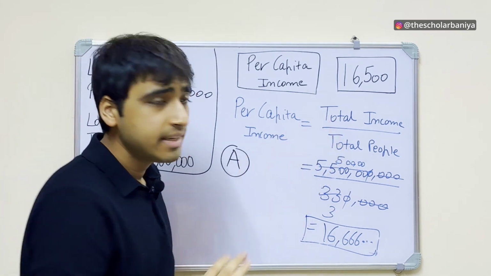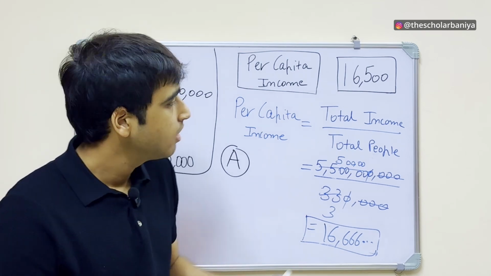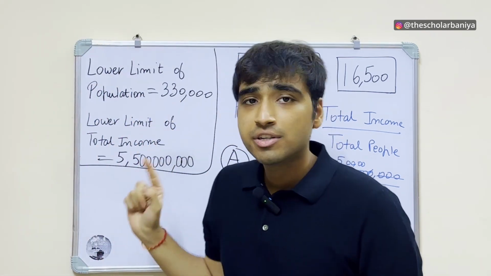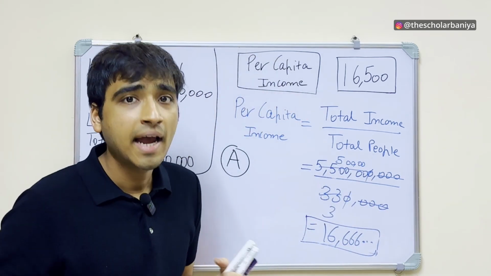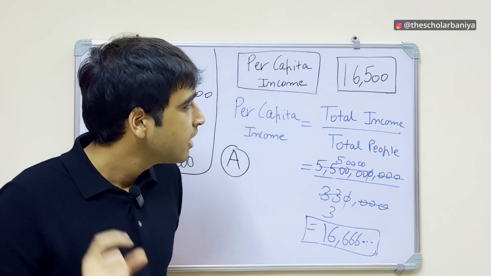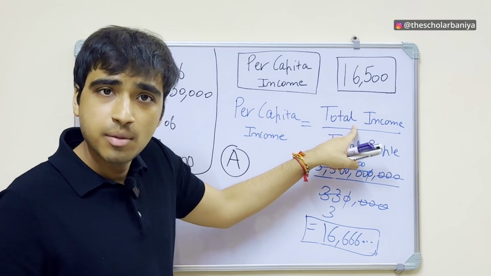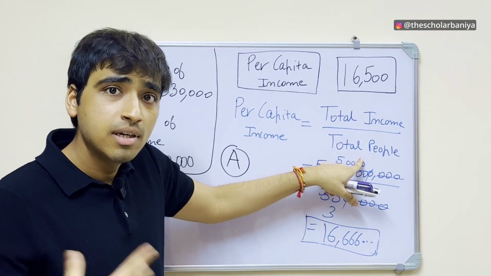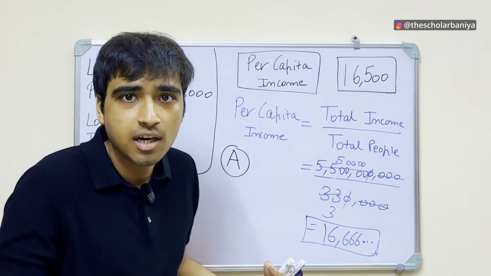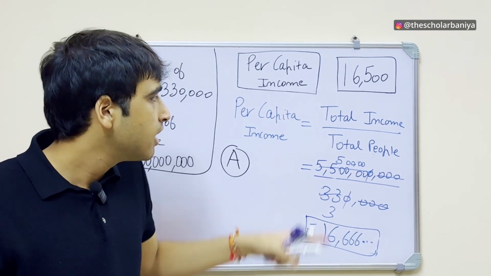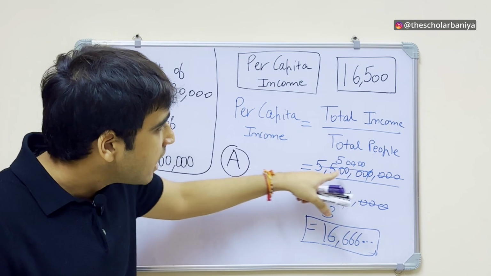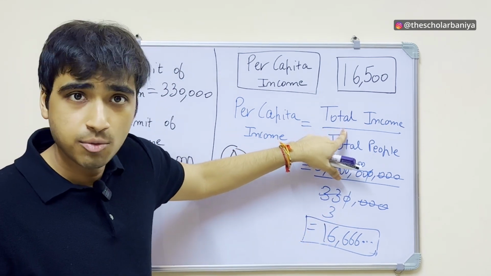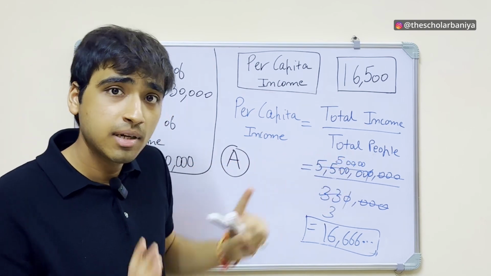So if we keep the total income the same and increase the number of people, for example, 900,000 instead of 330,000, maybe 800,000 or whatever, then the entire value will become much smaller, because the numerator remains the same and the denominator becomes very big.